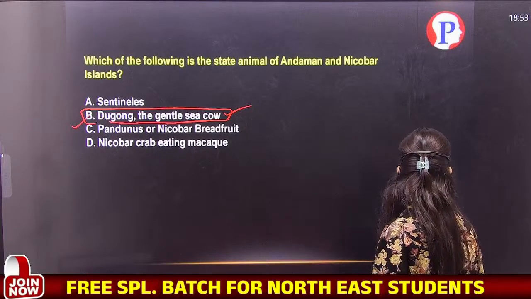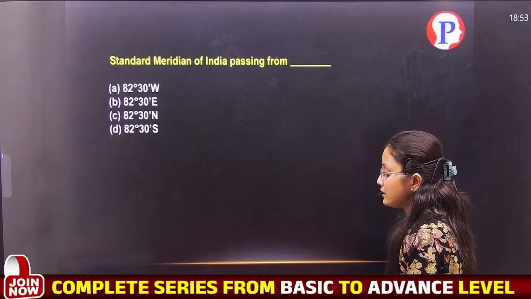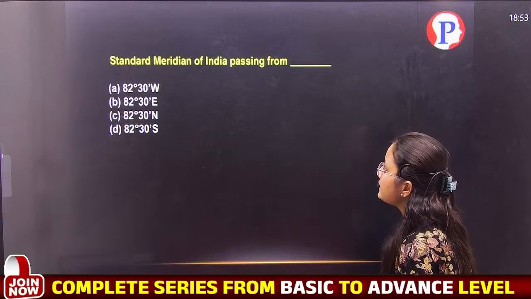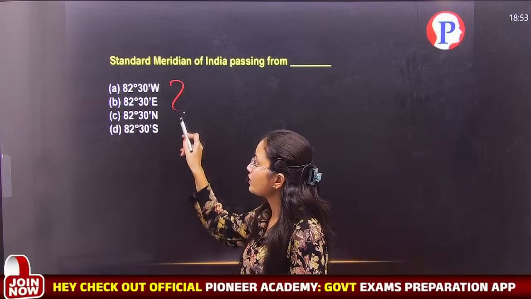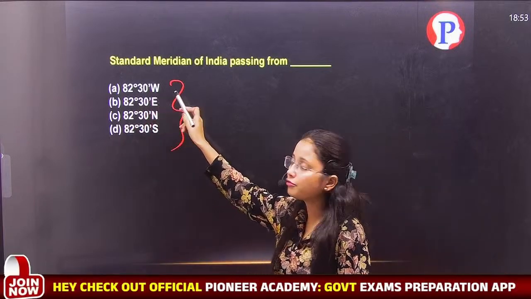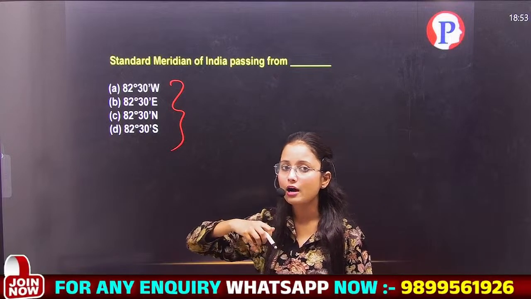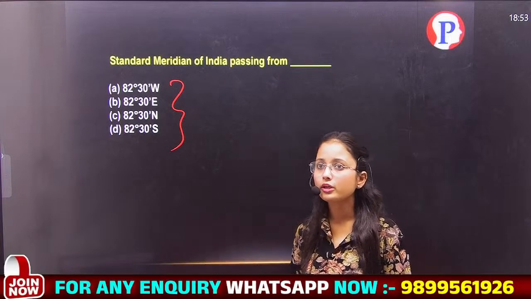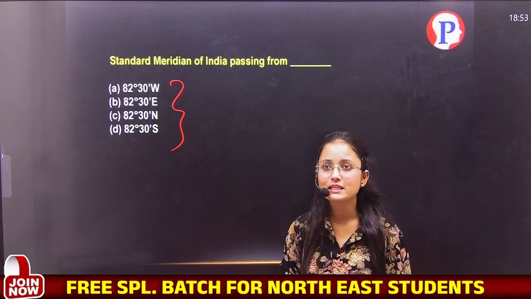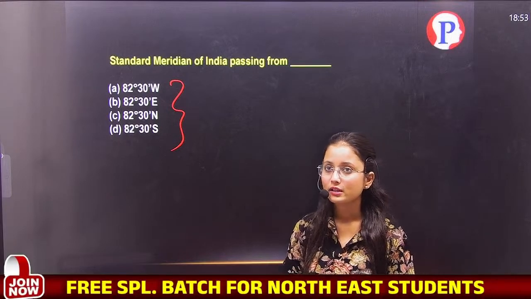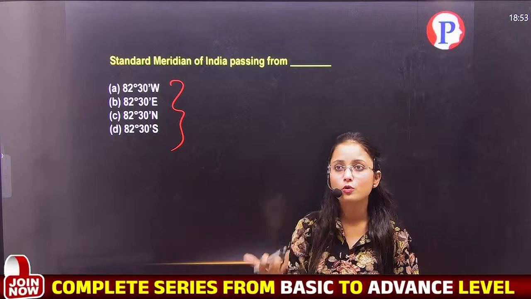Now this is the next question. Is the standard meridian line of India passing through 82 degree and half western, 82 degree and half eastern? Yes, the dugong fish is also called the sea cow.